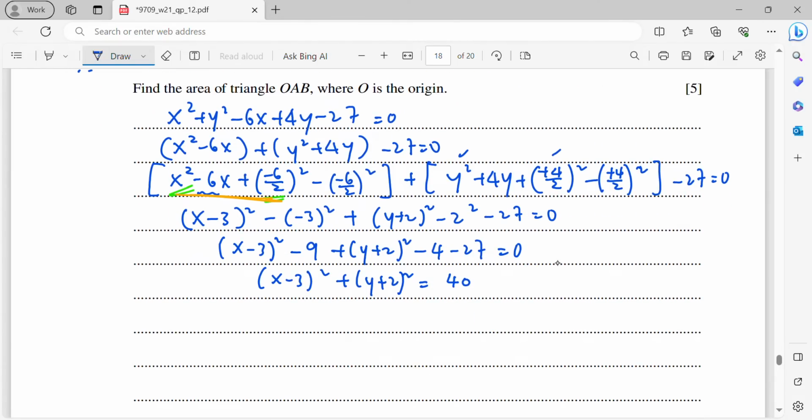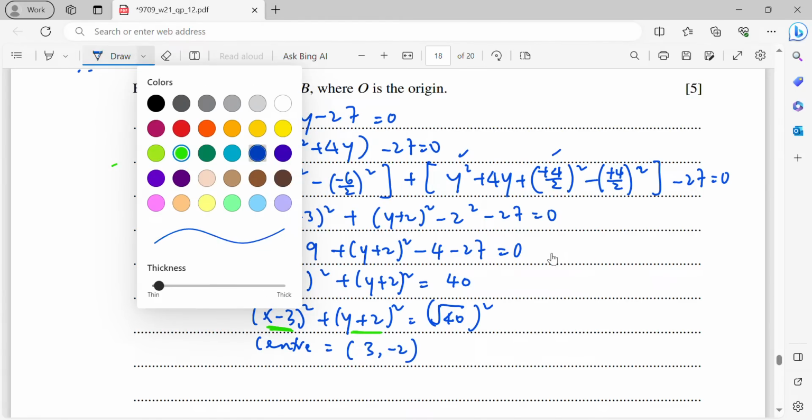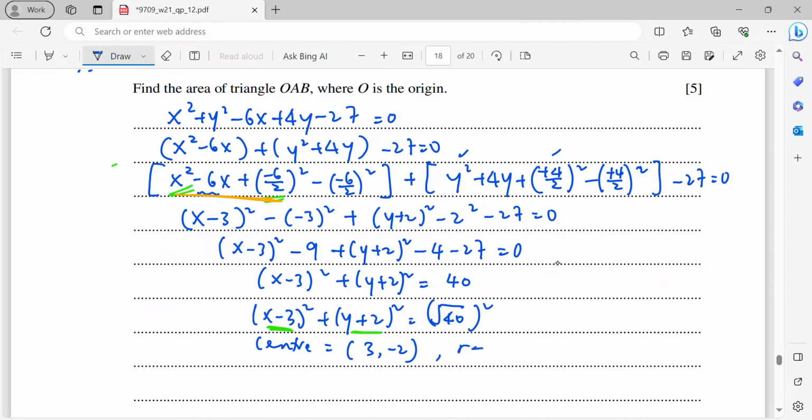Then from here, I get x minus 3 squared plus y plus 2 squared equals square root of 40 squared. So I know the center of the circle has coordinates 3, negative 2. How to get this? You let x minus 3 be 0, so your x is 3. Let y plus 2 be 0, you get y equals negative 2. And the radius is square root 40.